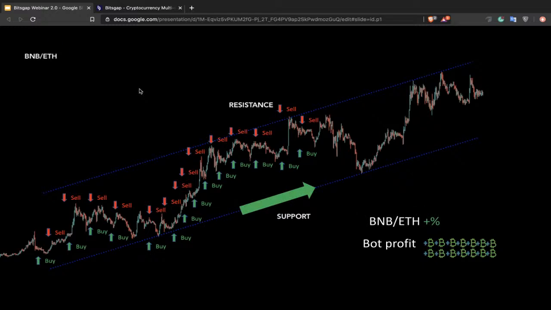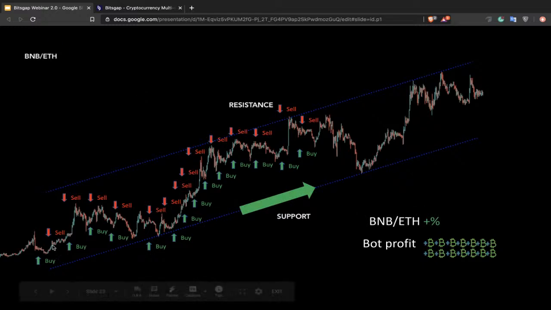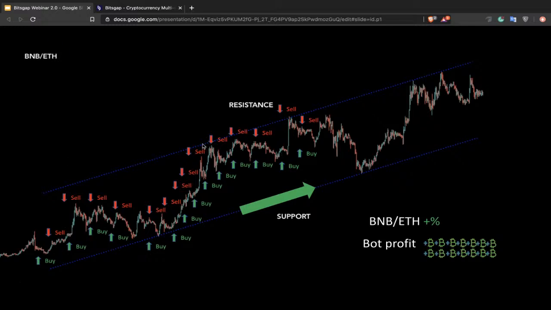So not only the bot has managed to accumulate profits for you in the quote currency Ethereum on this rising market, but the value of BNB has also appreciated to Ethereum. So in this case, that's going to be an active investment change, all right?